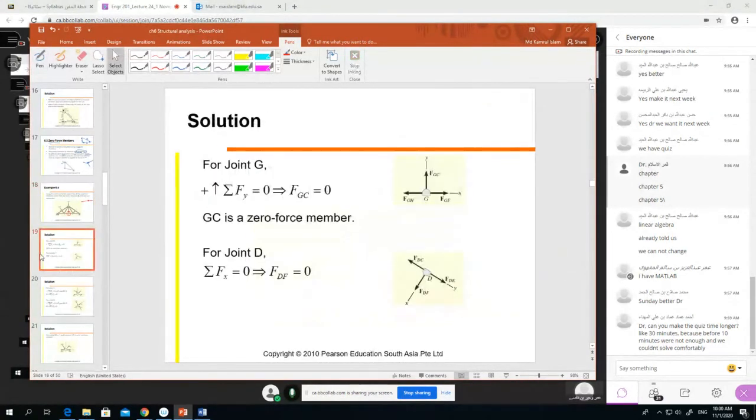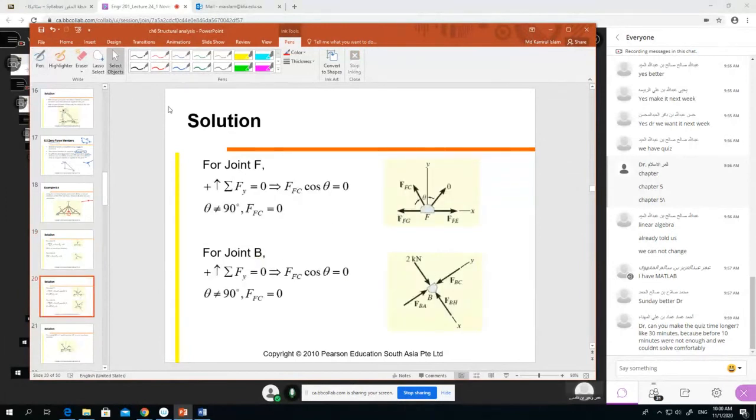Similarly, if we take joint D, you will find FDF equals 0, so this is a zero force member. If we take joint F, you will find this is a zero force member. For joint B, you will find FBC is a zero force member.